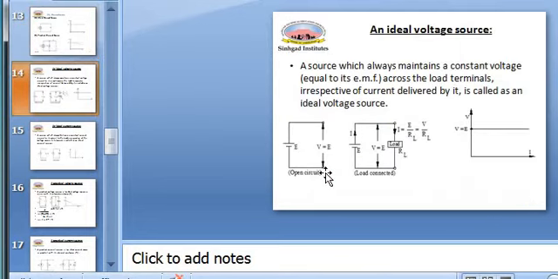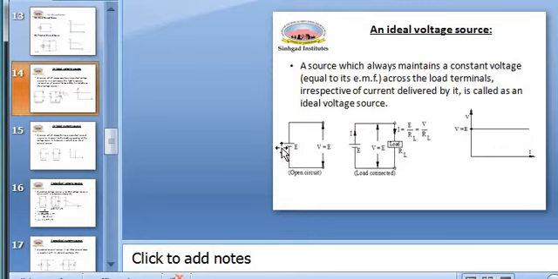Let us see each one by one. An ideal voltage source. Ideal voltage source is one which gives a constant voltage across its terminal irrespective of the current drawn. The symbol for the ideal voltage source will be this, E or V. Okay.